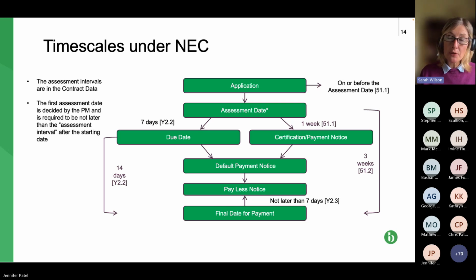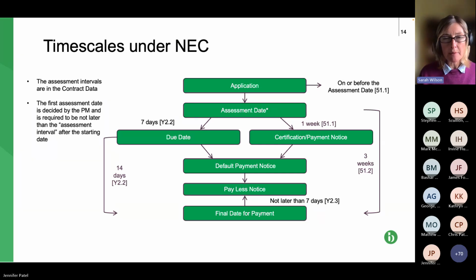If the PM doesn't do it, then it is automatically the last day in that first interval, which would be the 4th of July. So let's assume that it's the 30th of the month. Obviously, it shouldn't be the 31st because that's going to cause problems because lots of months don't have a 31st.